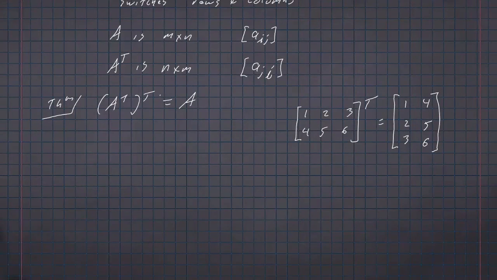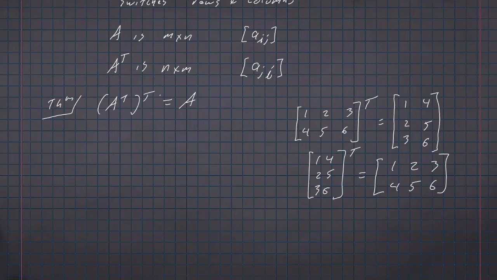If I take the transpose of 1, 4, 2, 5, 3, 6, I will get 1, 2, 3, 4, 5, 6. Using the basic idea of the transpose operation, I think that's a fairly straightforward result.